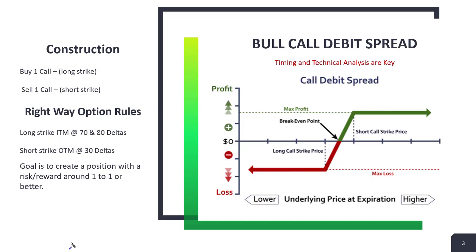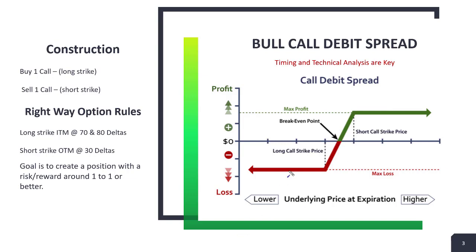So you're always going to be in this situation where you put on a trade and you've got a zero line, a break even on debit spreads, just like you do on any other spread. Your break even point is after you've covered your costs in the trade. And your short call strike, your max profit is going to be up here on this side of it. Your max loss will be down here on this side of it.